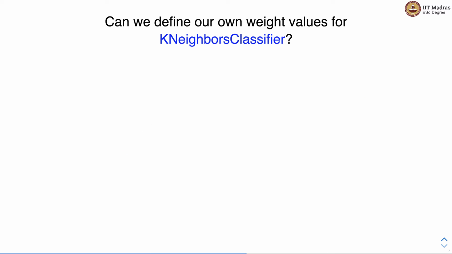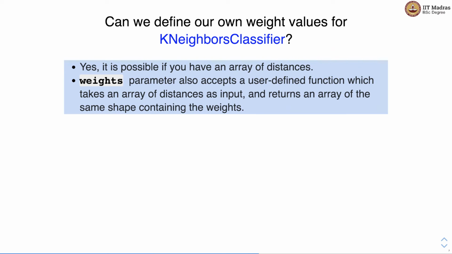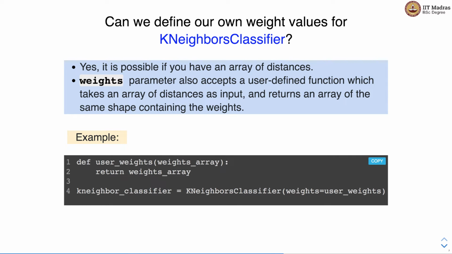So can we define our own weight? Yes, it is quite possible that we can define our own weights as a function of the distance. The weights parameter also accepts a user-defined function which takes an array of distances as input and returns an array of the same shape containing the weights. Here we have shown an example of a user-defined function.